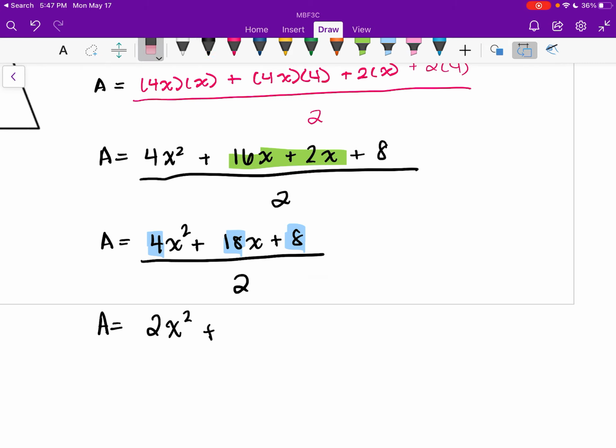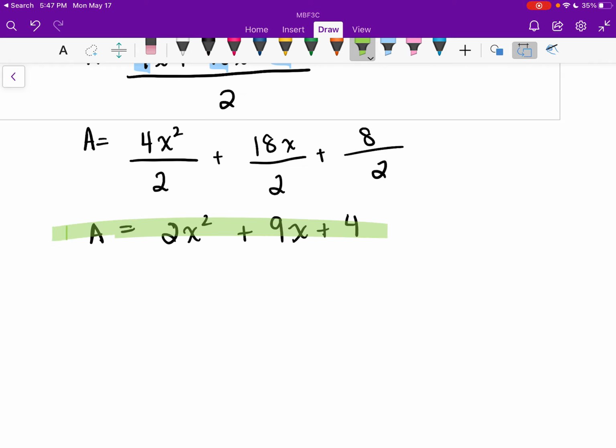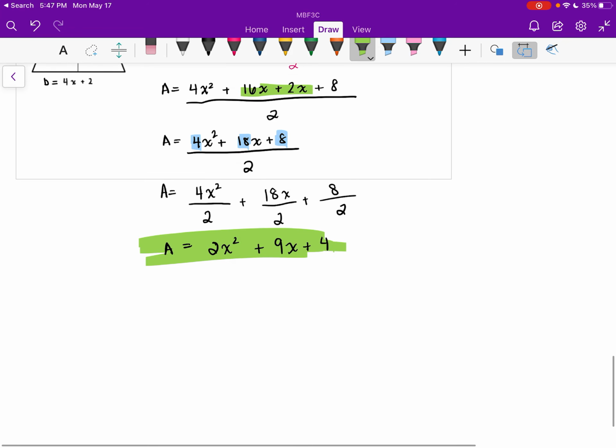Because the number at the bottom is the same, you can write it like this. So then I can simplify. 4x squared divided by 2 is 2x squared, plus 18x divided by 2 is 9x, plus 8 divided by 2, which is 4. So you can just simplify it into this answer, and that's your answer.